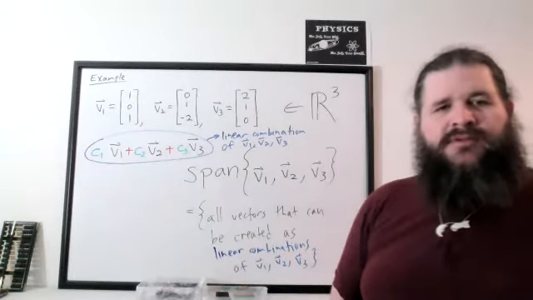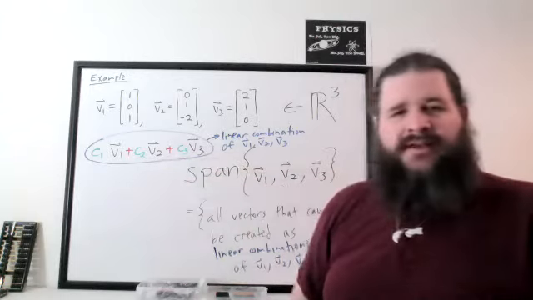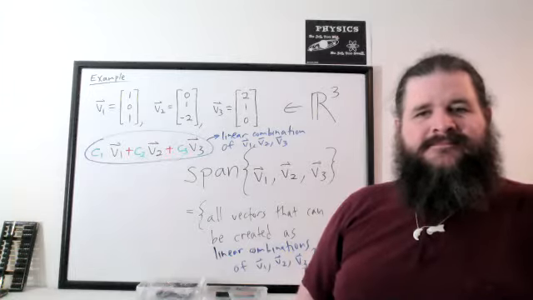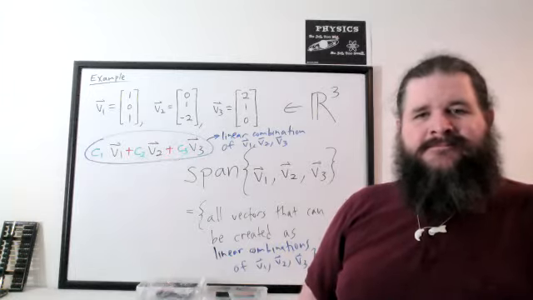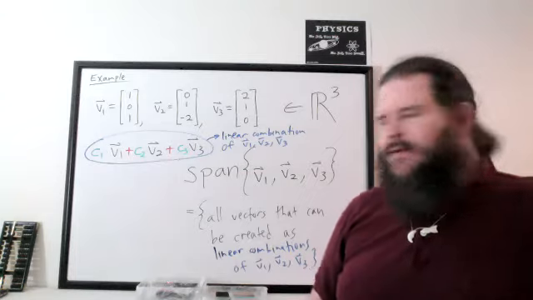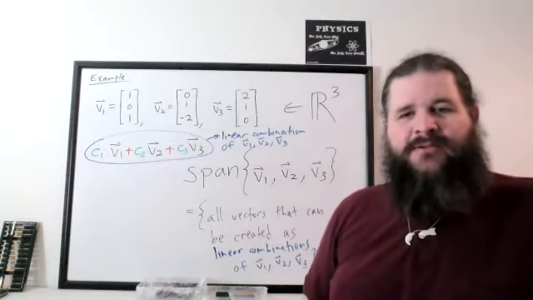And how many vectors would that be? If you start with three vectors, how many possible ways are there to make a linear combination of them? If you could theoretically list out all possible linear combinations, how many linear combinations would there be?